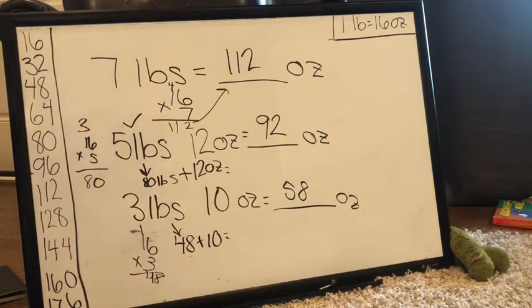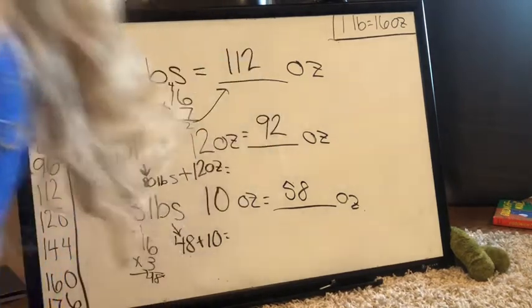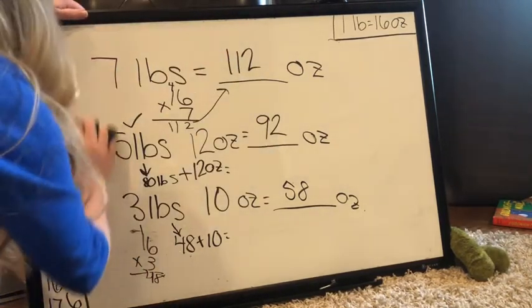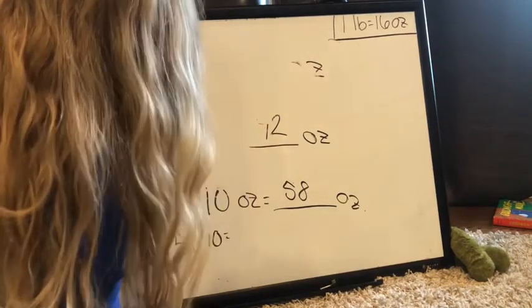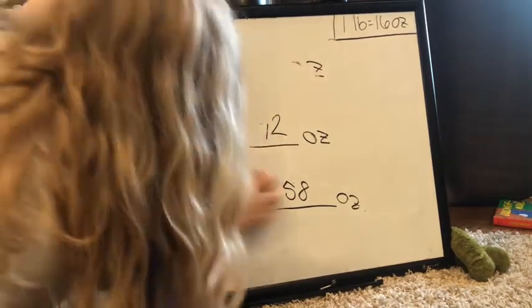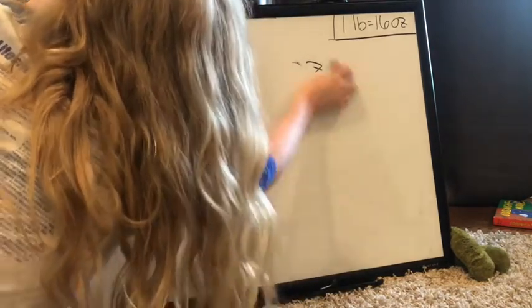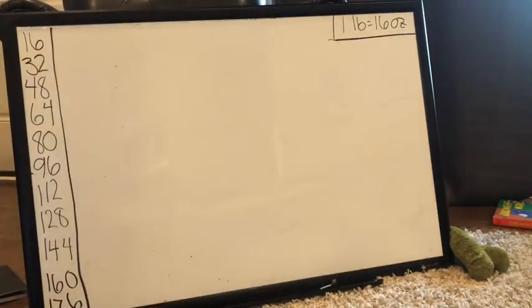Nice job. All right. Now is the trickier of the conversions, going from ounces into pounds or going ounces to pounds and ounces in compound units. Now this is where our cheat sheet is going to really come in handy, okay? Because we don't know our 16 facts, so it's really hard to do long division without our cheat sheet.